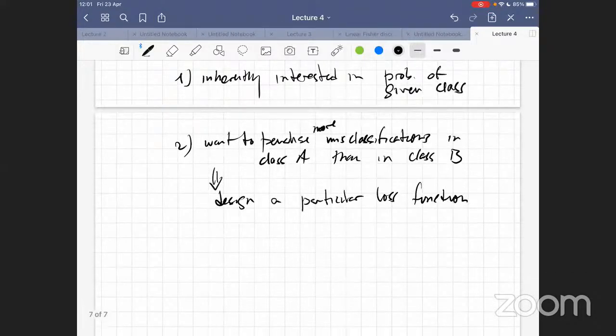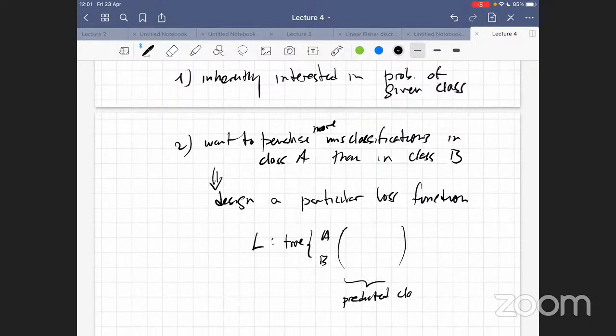The particular loss function, for example, if A and B are the true class, and here I have the predicted class, A and B. Then, of course, some loss function may be, if I am penalizing more the misclassifications of class A, I may just put here a much larger number than here.